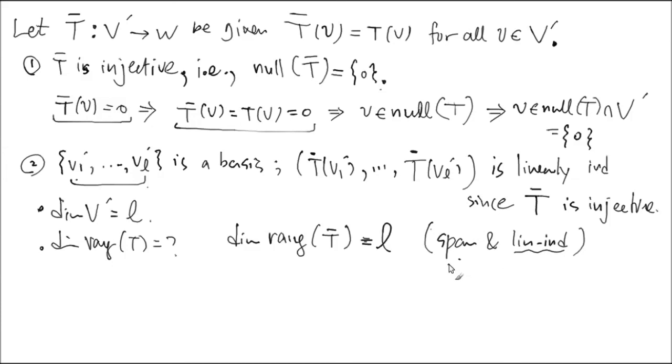So if I have T bar, everything looks like this: sum of a_k Vk prime, k going from 1 through L. Any element is going to look like this. I'm going to show that this is generated by this. Linearity passes through addition, right? T of v plus w is Tv plus Tw.